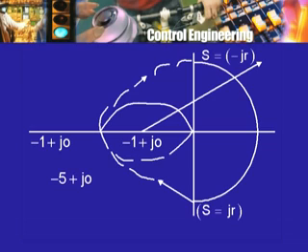Now, we have to look at the encirclements by this of the point minus 1 plus j 0. Now, let us suppose the particular value of gain k that we have chosen and the transfer function g h is such that the point minus 1 plus j 0 lies here, and this point of intersection of the image contour with the negative real axis, let us say for simplicity it is minus 0.5 plus j 0.